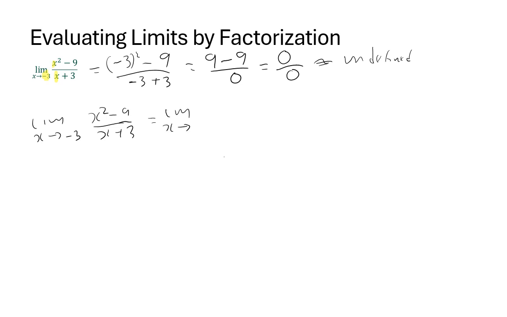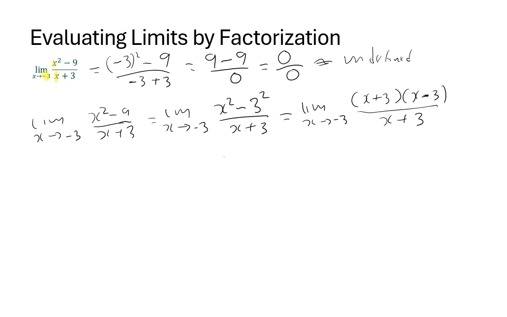So this is just x squared minus 3 squared over x plus 3. Whenever you have x squared minus something squared, you can always write it as x plus that value, bracket x minus that value. So here we have 3, we can write it as x plus 3, x minus 3, then this divided by x plus 3.